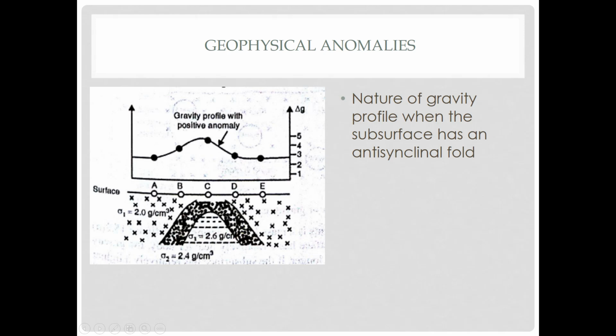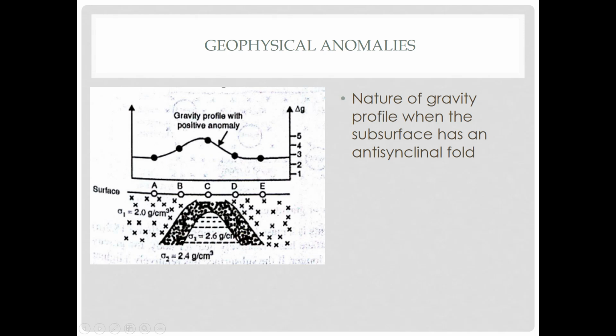material. So this is normally surrounded by a lighter material, of course, the sigma 1, that is 2 grams per cubic centimeter, and then the outer layer of your anti-synclinal fold is 2.4 gram per cubic centimeter.